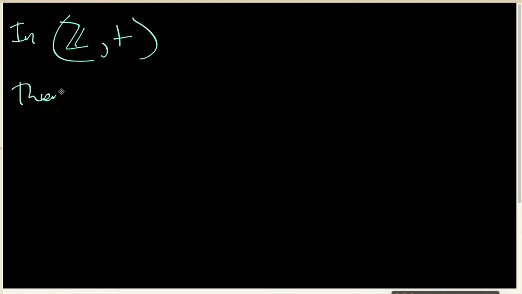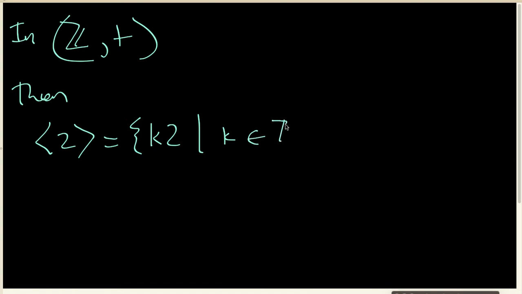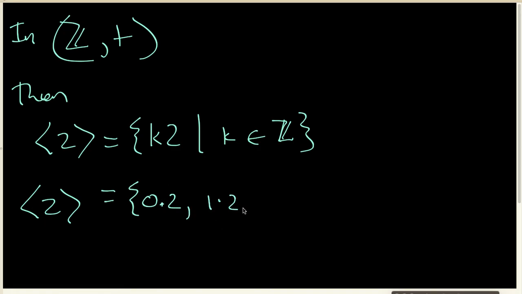On the other hand, if I look at the integers under addition, then the cyclic subset generated by 2 would be all of the multiples of 2. So this would be the set that would look like 0 times 2, 1 times 2, negative 1 times 2, 2 times 2, minus 2 times 2, and so on.